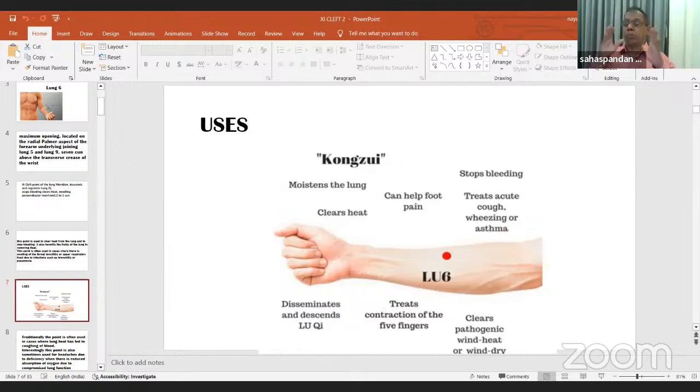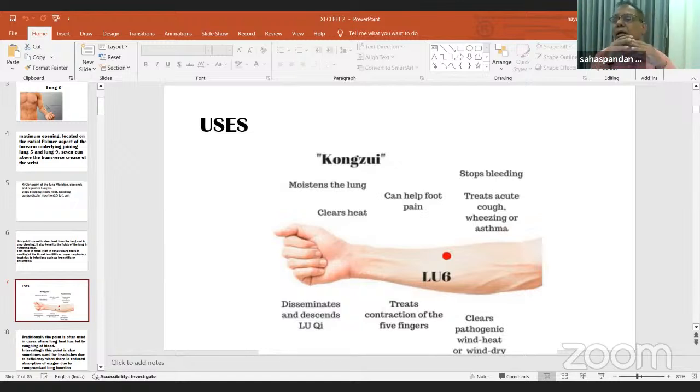And this point also clears the pathogenic wind heat or wind dry. So if you learn TCM, that is how to diagnose it. This is my course, it is the pre-recorded course.